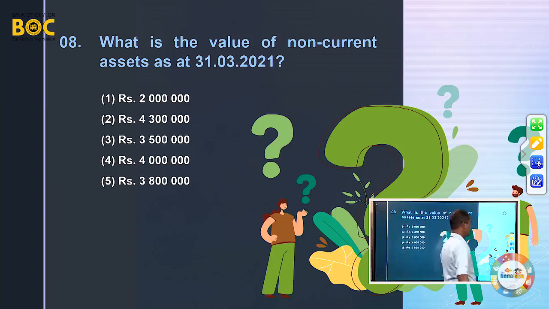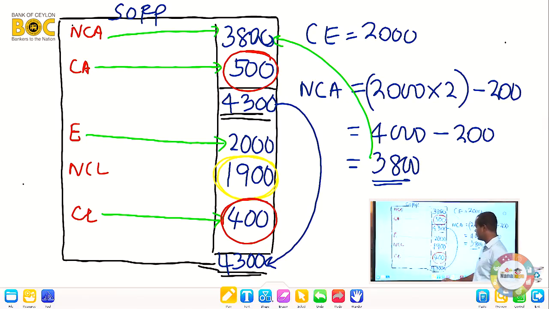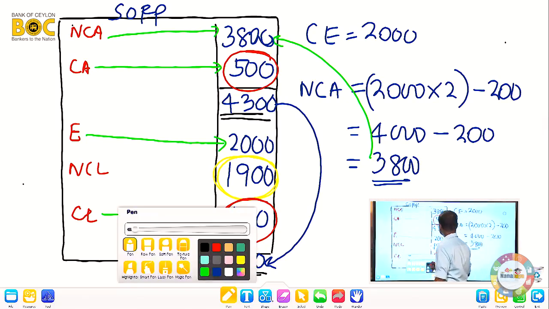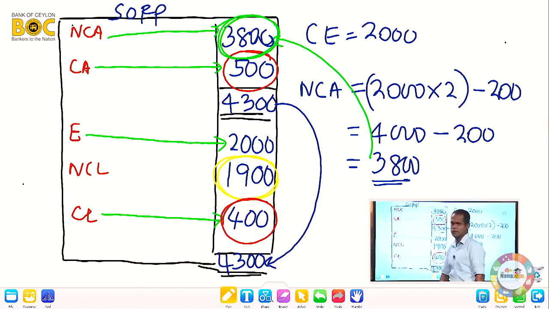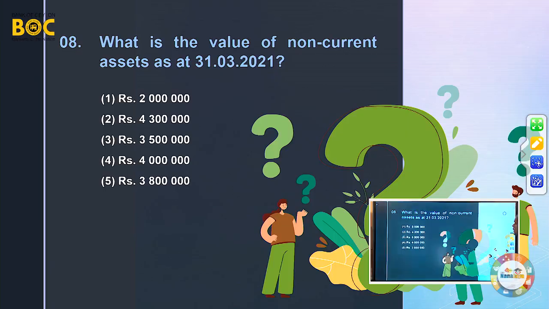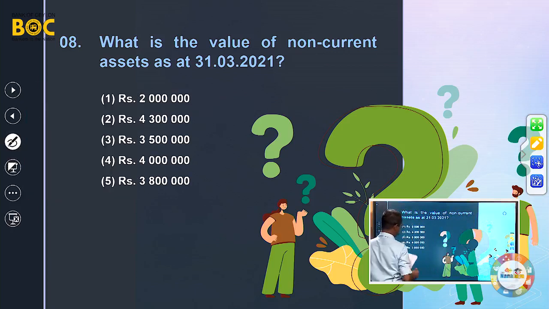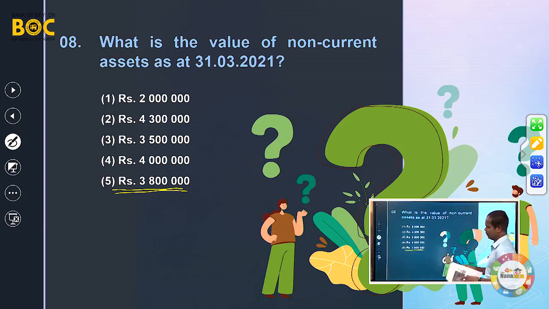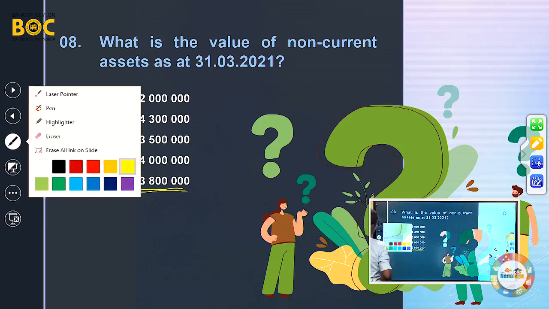The non-current assets value we calculated as 3,800,000 rupees. The answer is number 5.